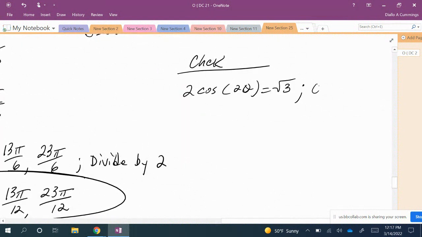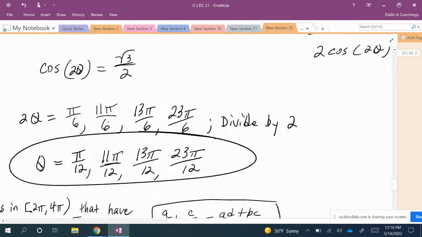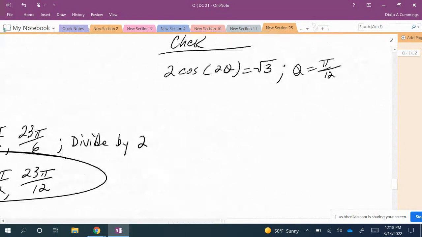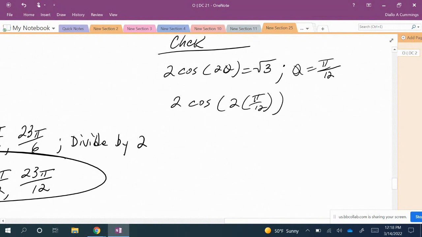And I'm going to substitute theta with pi over 12. This is the reason why we have to divide by 2, because I can only substitute in theta. So this is 2 times the cosine of 2 times pi over 12, is equal to the square root of 3.